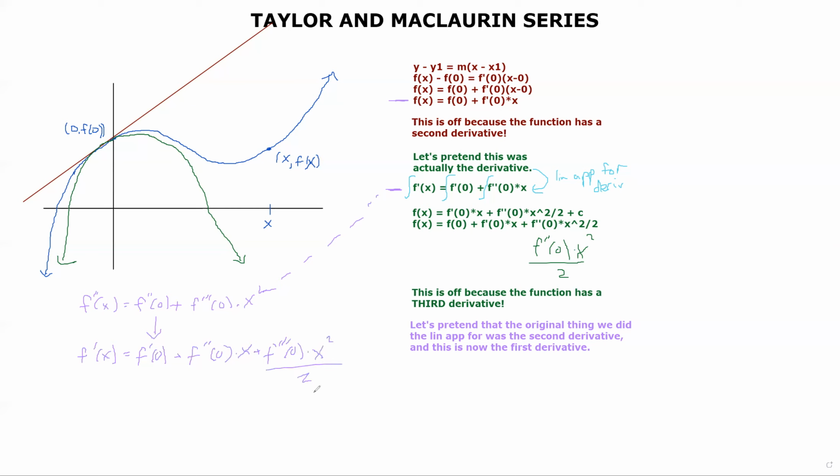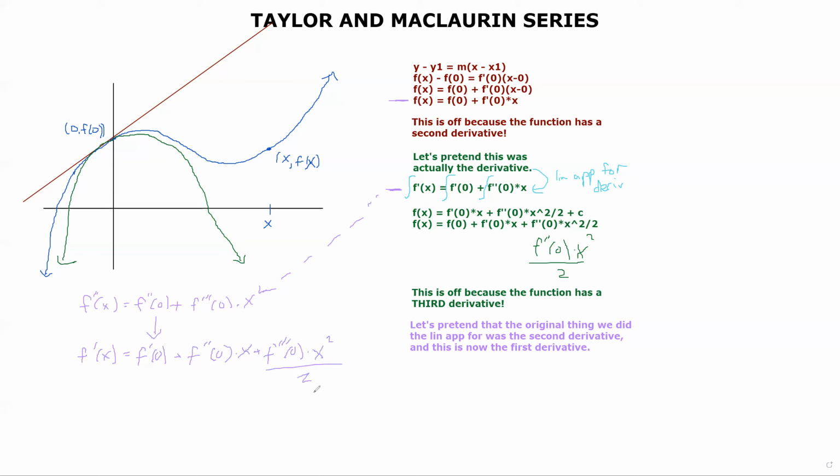What the heck would this expression look like? Well, we understand that we have this adding on of terms. Let's look at the progression. We've got the f of 0 plus f prime x, and then f of 0 plus f prime of x plus f double prime times x squared over 2. And then we have all that same stuff plus f triple prime times x cubed over 6.